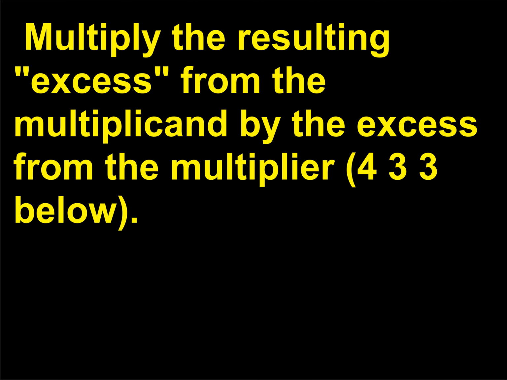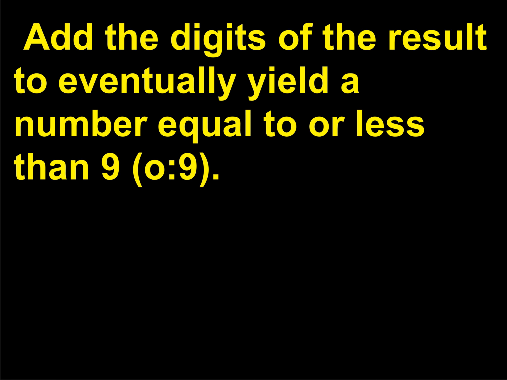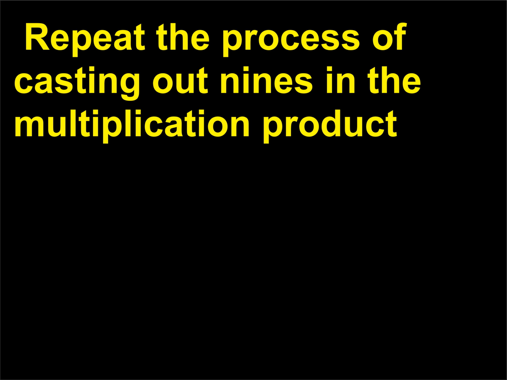Multiply the resulting excess from the multiplicand by the excess from the multiplier, 4 times 3 equals 12 below. Add the digits of the result to eventually yield a number equal to or less than 9. Repeat the process of casting out nines in the multiplication product.